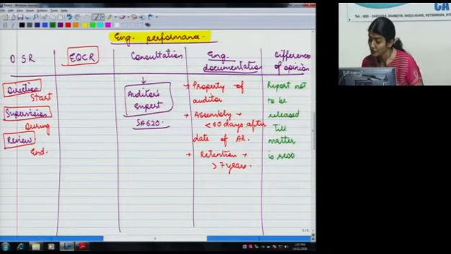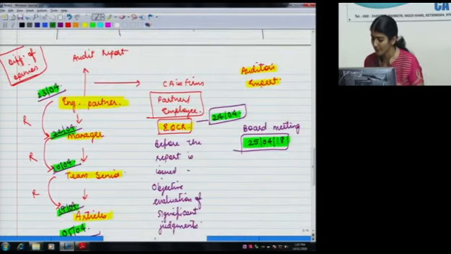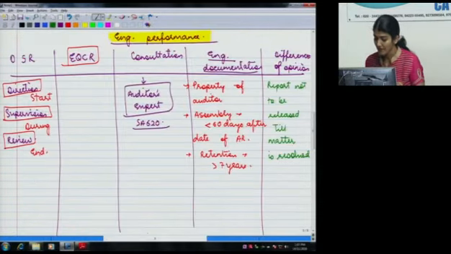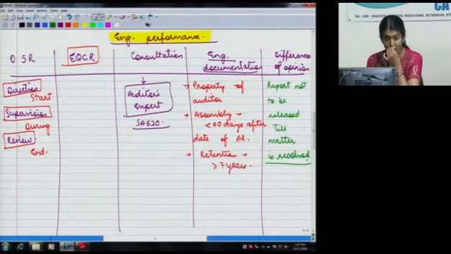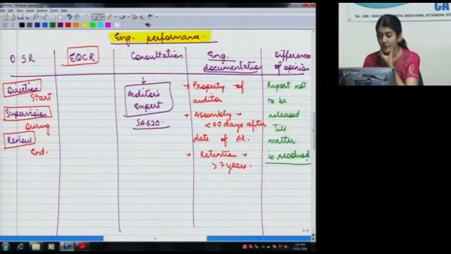And if you issue the report without resolving the differences of opinion, it will be considered a breach of SQC1. Right, so what does it say?